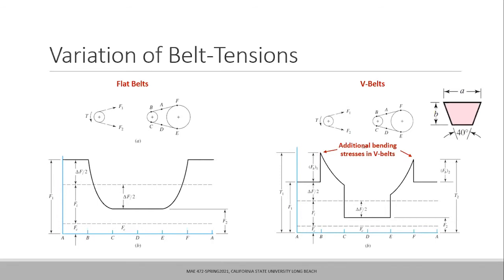So if you have to pick one failure theory based on your previous understanding from 471, which failure theory are you going to use while analyzing the belt drive, or while analyzing a failure in the belt material?